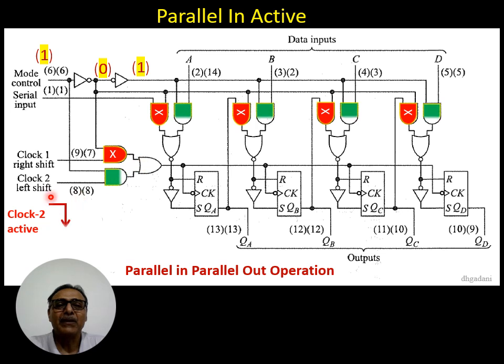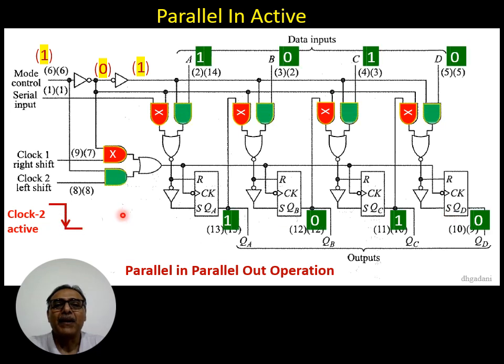And as soon as we apply the clock pulse, whatever is the input applied at A, B, C and D, it will appear at QA, QB, QC and QD. For example, if we apply 1010 at the inputs A, B, C and D, then as soon as the clock pulse appears here, the outputs will also become 1010.